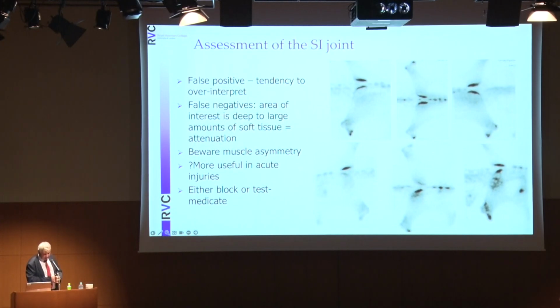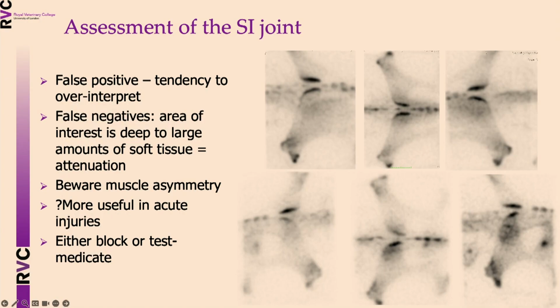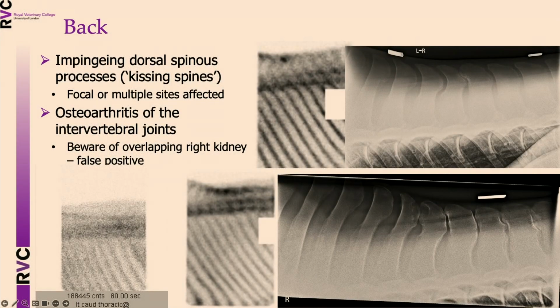But when we see areas of uptake in the region of the sacroiliac joint, then we will either block or test medicate to ensure that we have the right location for the lameness.